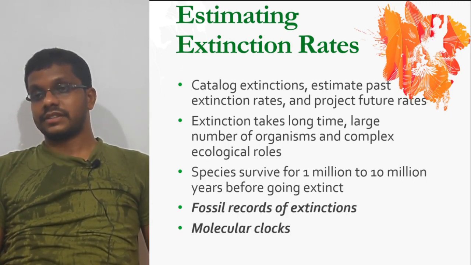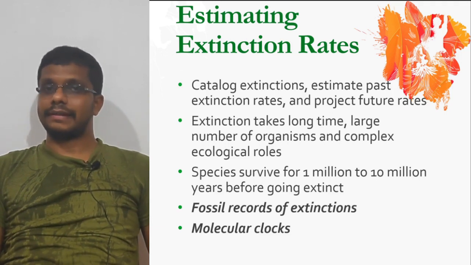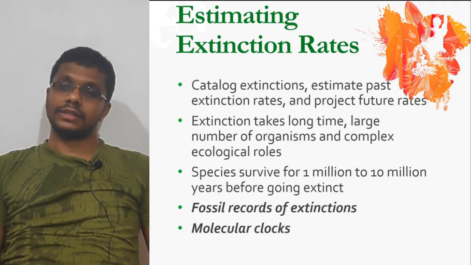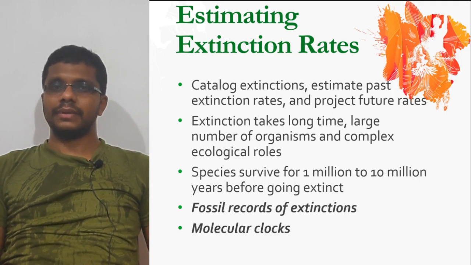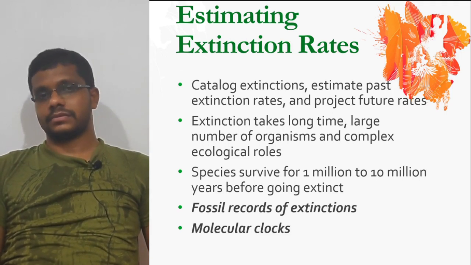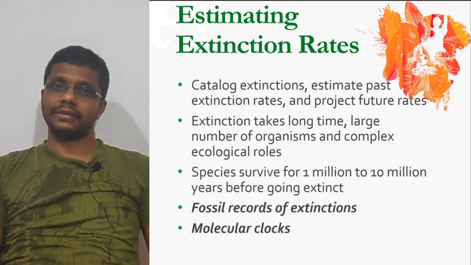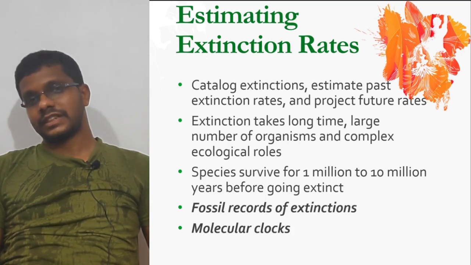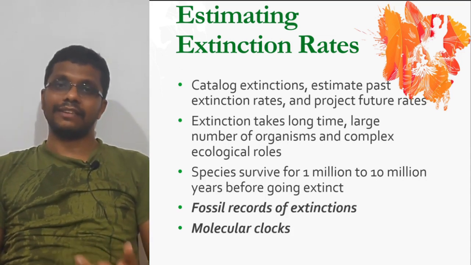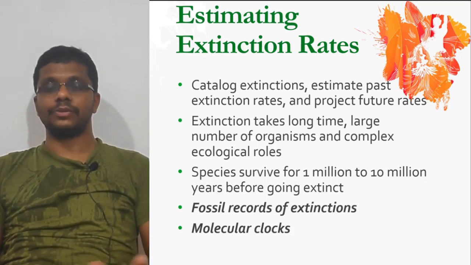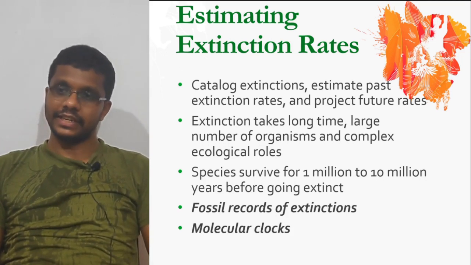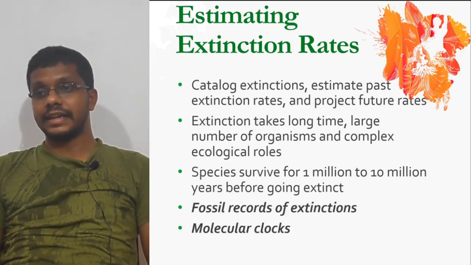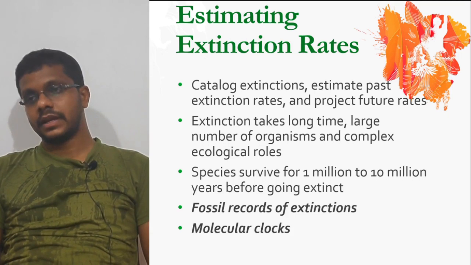The human population itself is about 1 million years old, that's 10 lakh years old. And extinction usually takes maybe 1000 or 10,000 years to happen. So the time frame is very large compared to the lifetime of a human, maybe 70 to 80 years. So it's very difficult to predict and study the rates of extinction.